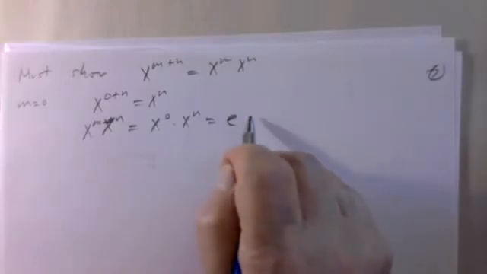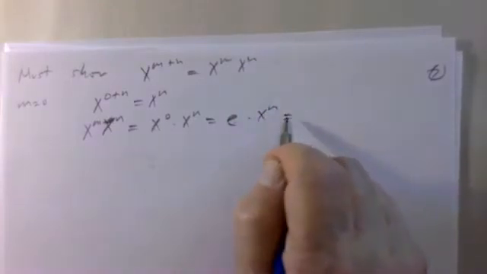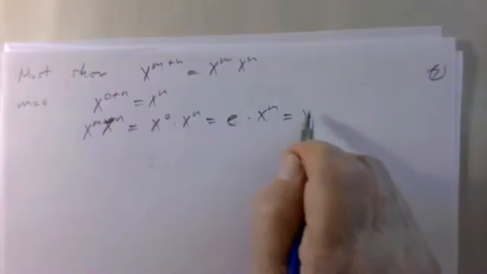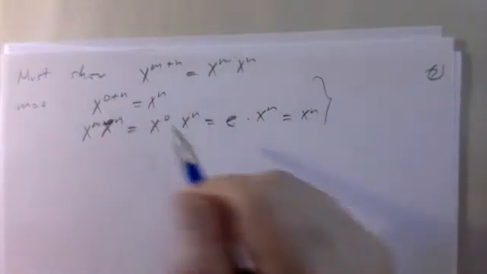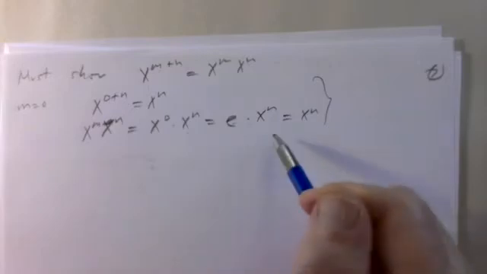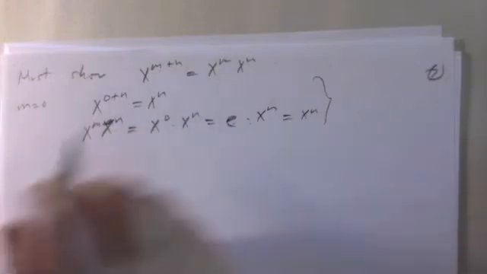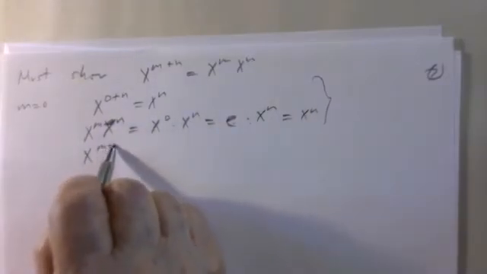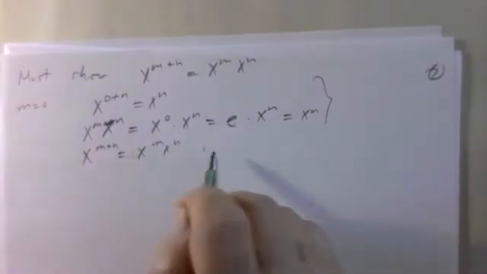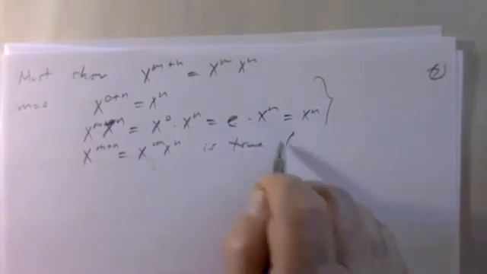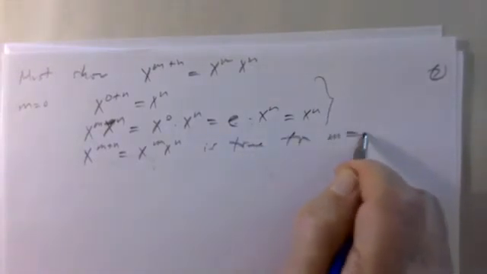X to the 0 is the identity, and the identity times anything is X to the n. So if you put this together, X to the m plus n equals X to the m times X to the n is true for m equals 0.